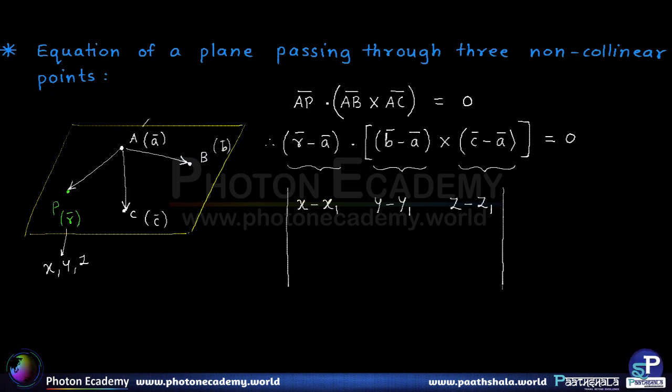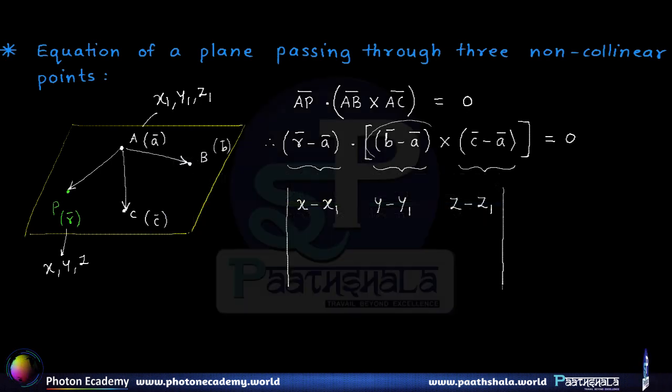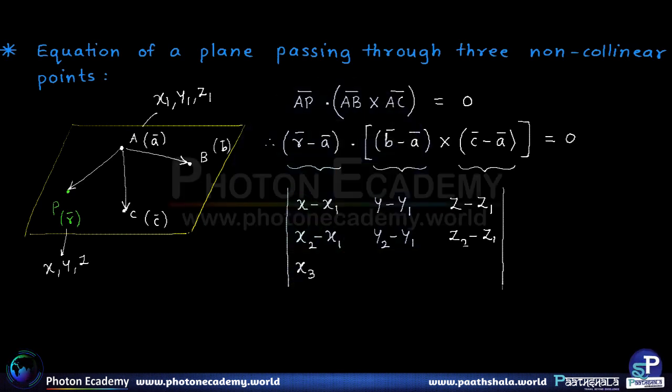The first given point is X1, Y1, Z1, and similarly the other two points take their respective coordinates. In the second row we have B bar minus A bar, so X2 minus X1, Y2 minus Y1, Z2 minus Z1, and lastly third minus first, so X3 minus X1, Y3 minus Y1 and Z3 minus Z1, and this is equal to 0.